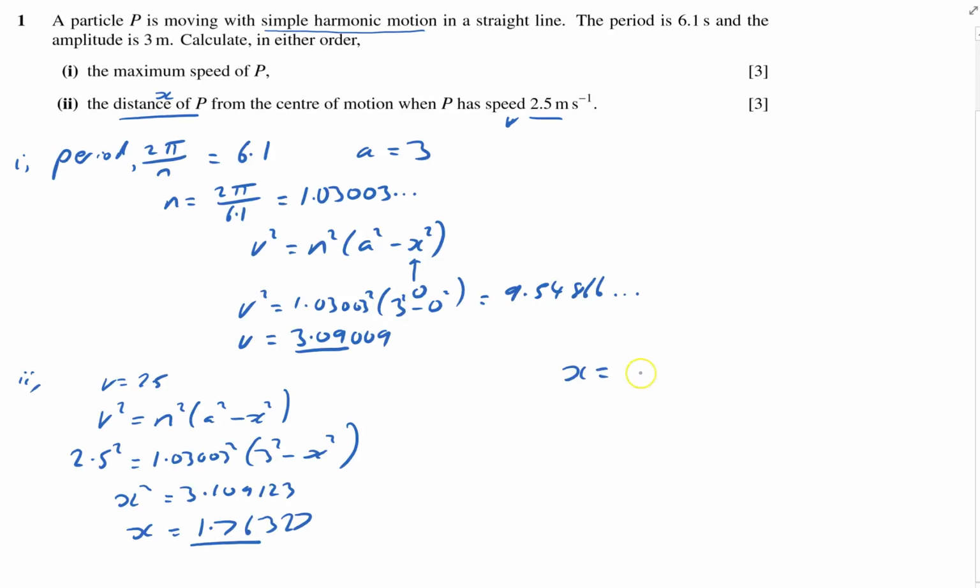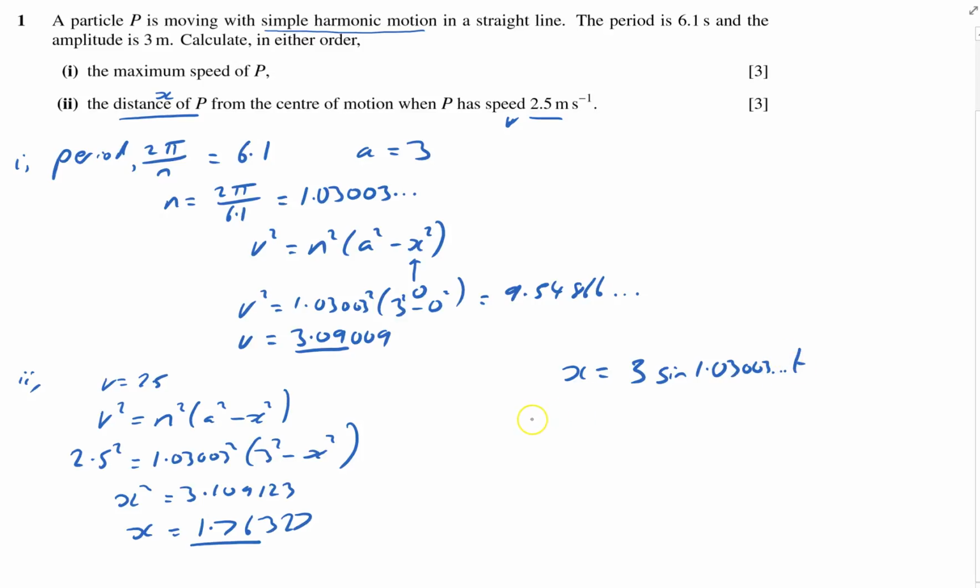Right, so another way you could do, of course, is say work out what x is. Well, we know that x is going to be a, so a is 3 in this case, and assuming it's being released from the middle, we'll have x equals 3 sine 1.03003 t.